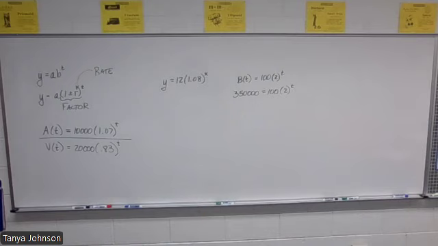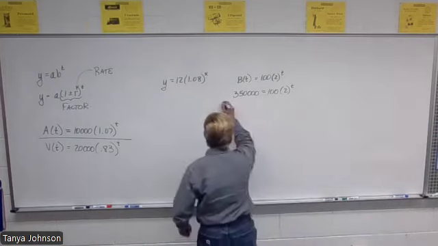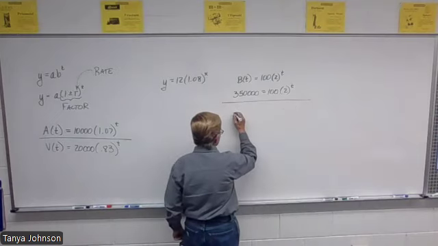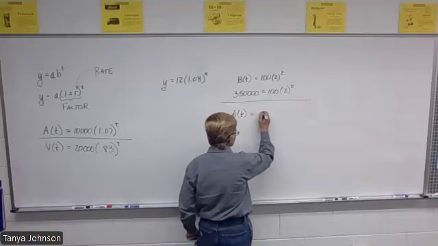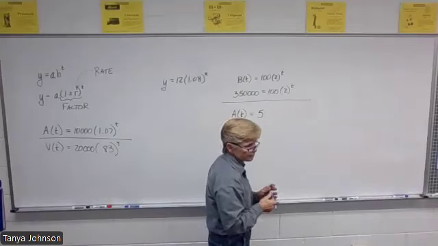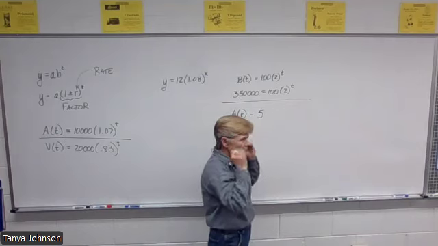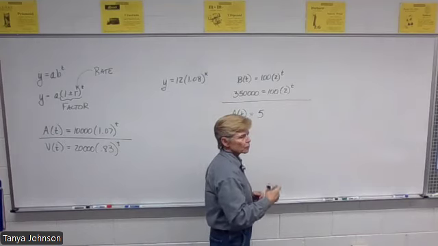So let's see if we can take this information. It says that the radioactive substance decays, half-life is 20 days. So we started out with 5 grams. So the amount of substance as a function of time is equal to 5 grams to start with. What's the multiplier we're going to use over and over and over again?